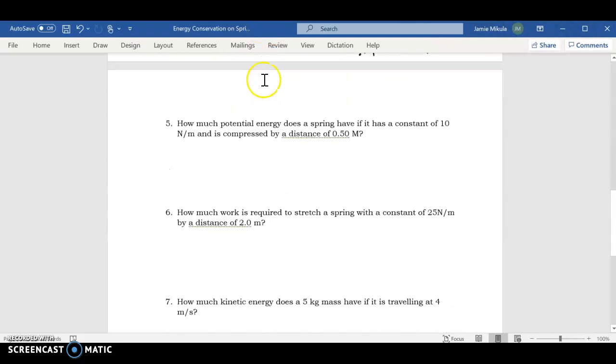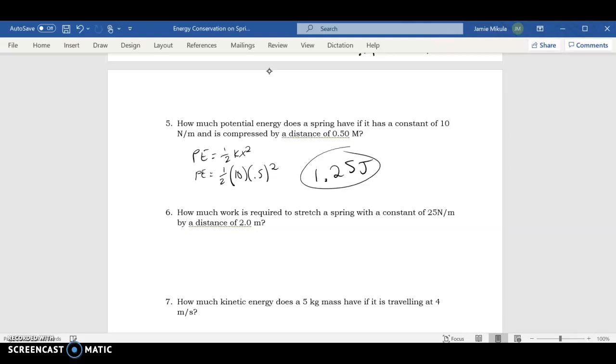Number 5, how much potential energy does a spring have if it has a constant, compressed. All right, PE equals 1/2 kx squared. PE equals 1/2 times 10 times 0.5 squared. That's 1.25 joules.